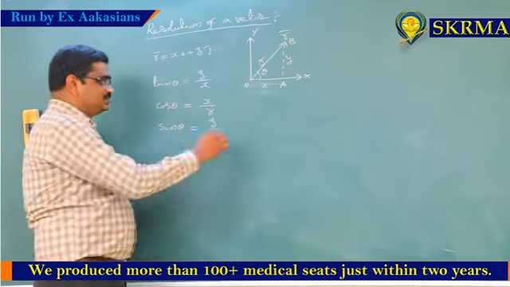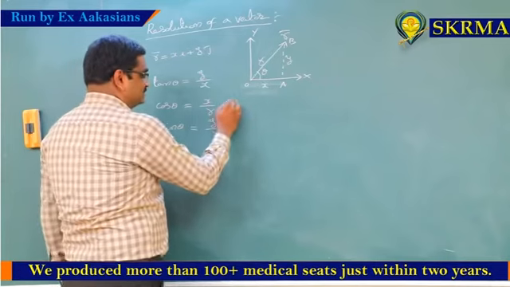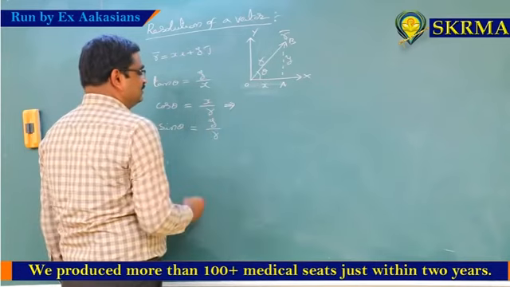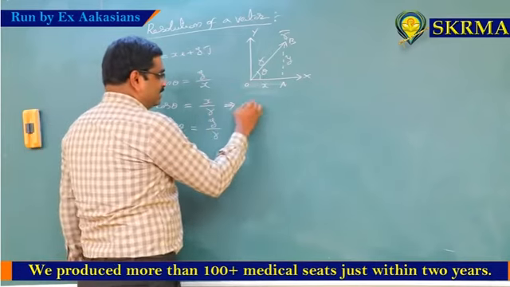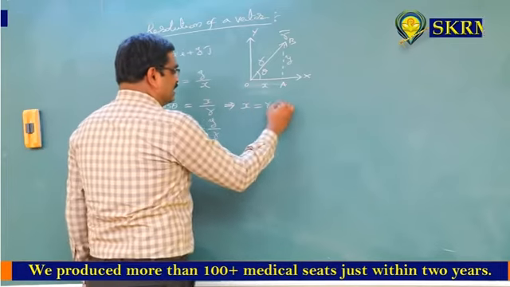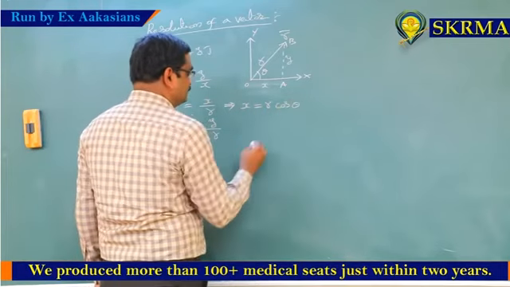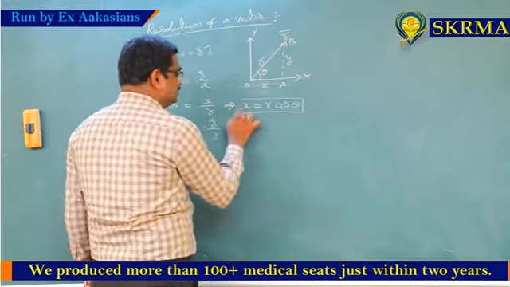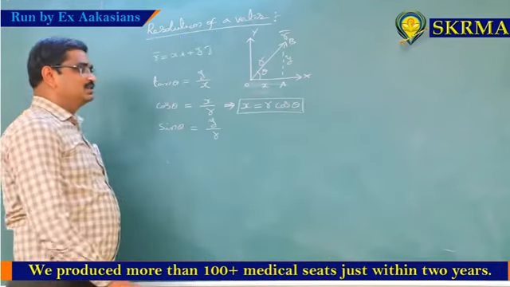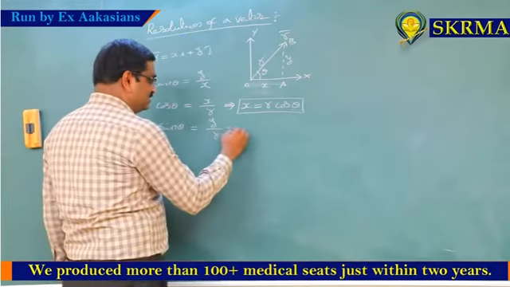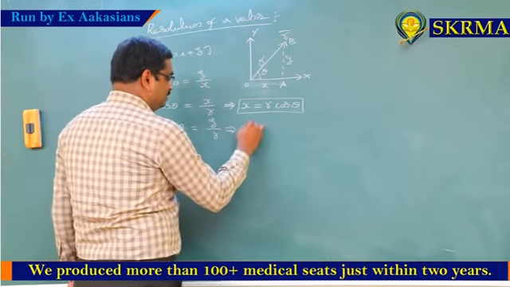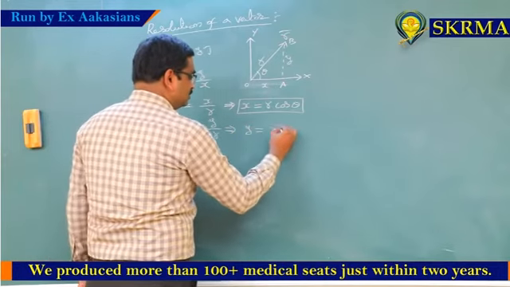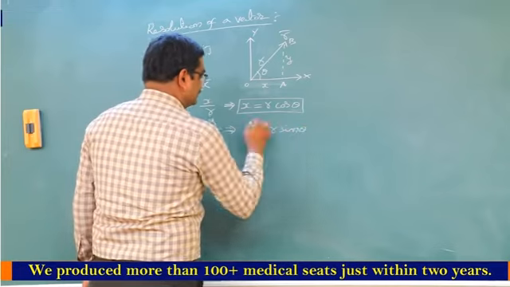Now from this equation we can rewrite x as r cos theta. So the value of x is r cos theta. Now from the other equation, y equals r sin theta.